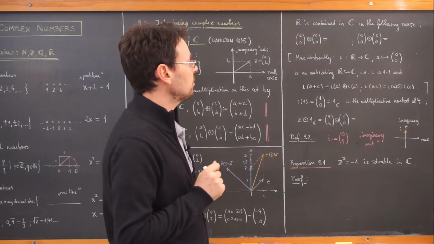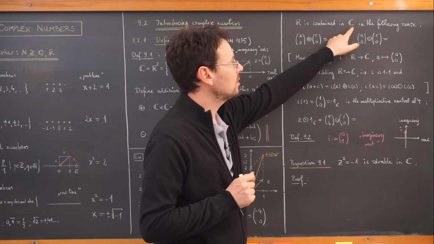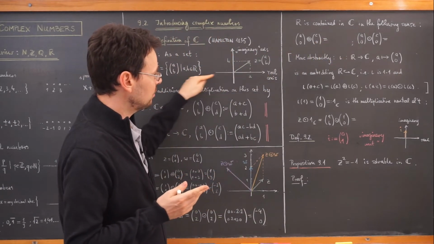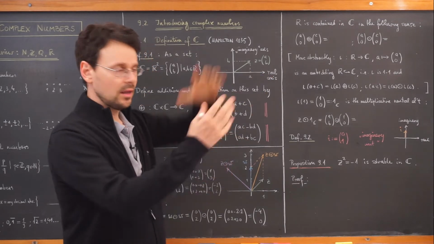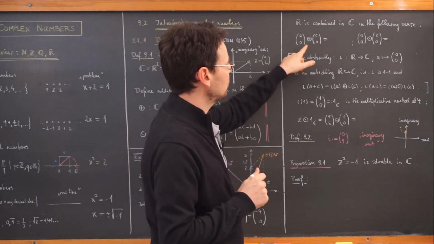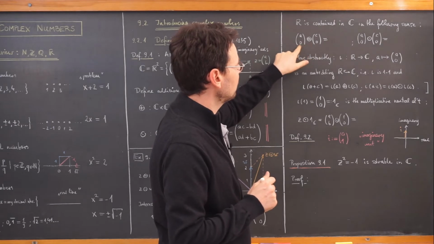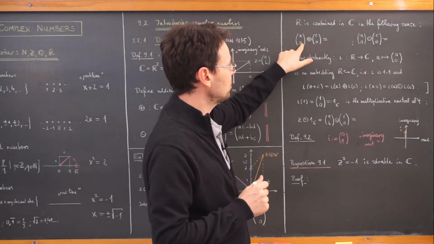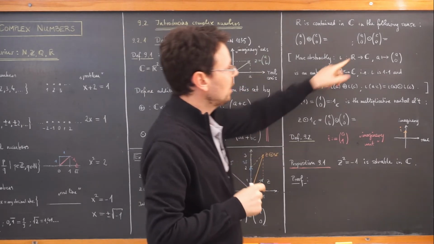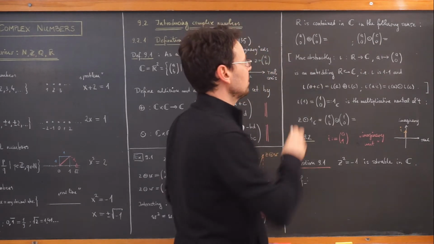So a very important observation is that R, the real numbers, are contained in the complex numbers. As a set, this is clear because clearly the real axis here is contained in R2, in the complex numbers. But also, if I take the addition, the sum of two vectors looking like this with second component 0, so lying on this axis, and if I take the product of two such vectors, the following happens.